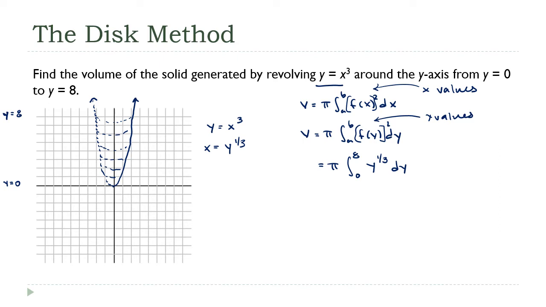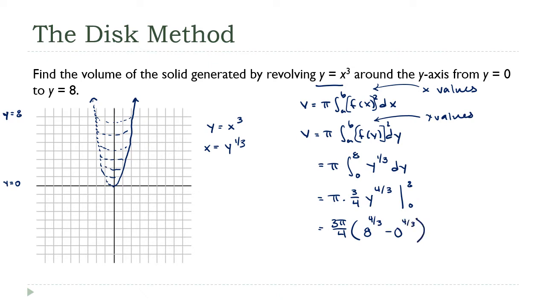And now we're more or less home free, right? I can use my power rule here. This is pi times, 1/3 plus 1, that's 4/3, and it's going to be divided by 4/3. So this will be times 3/4 y to the 4/3 evaluated from 0 to 8. All right, so put these numbers in. This is 3 pi over 4 times 8 to the 4/3 minus 0 to the 4/3.